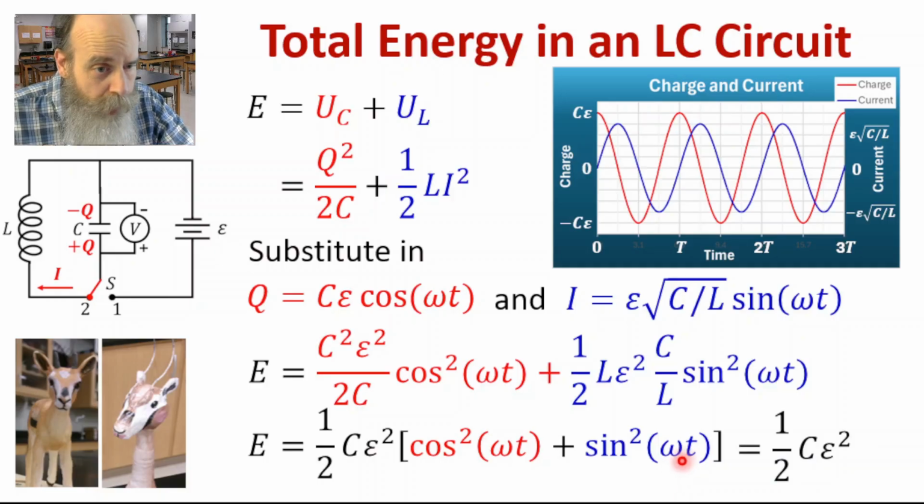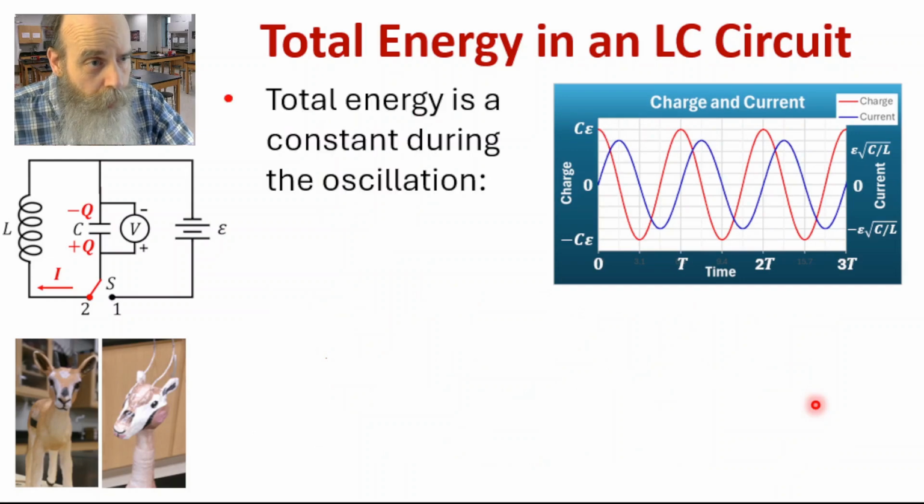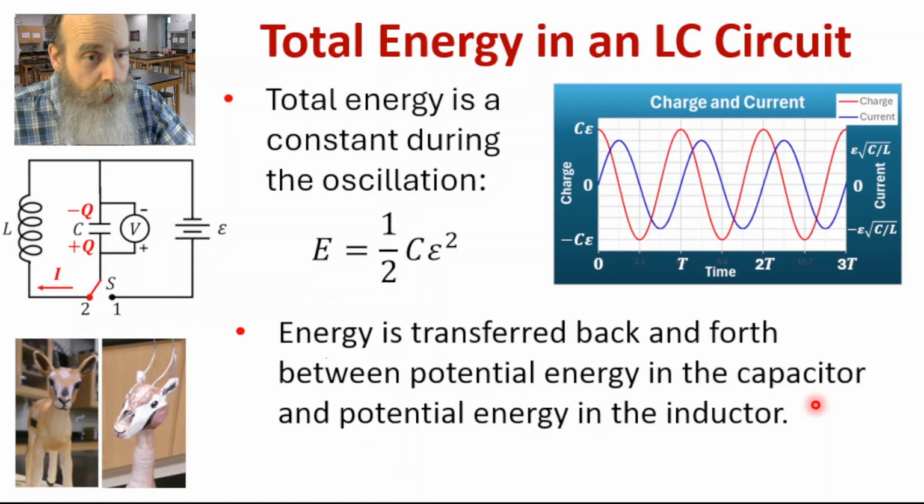And so our expression for the total energy is 1/2 CE squared, a constant during these oscillations. Energy is transferred back and forth between potential energy in the capacitor and potential energy in the inductor.